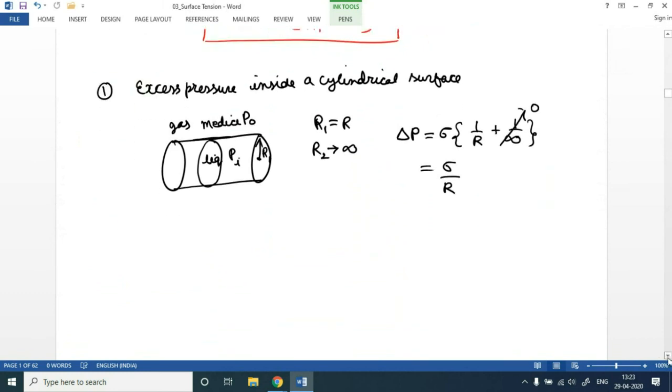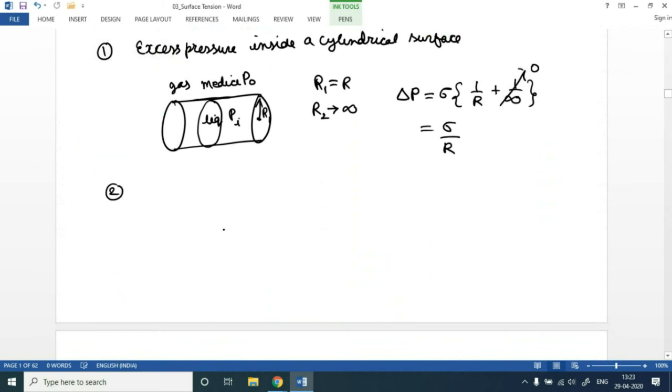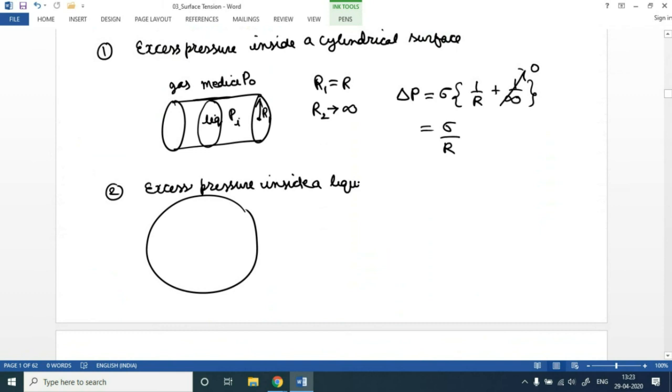If we have a liquid drop, which is spherical in shape, the excess pressure inside a liquid drop: r1 will be equal to r and r2 will also be equal to r.